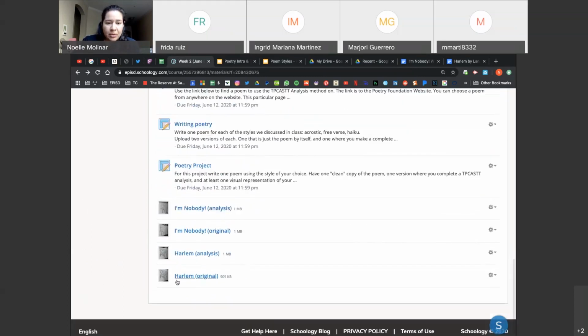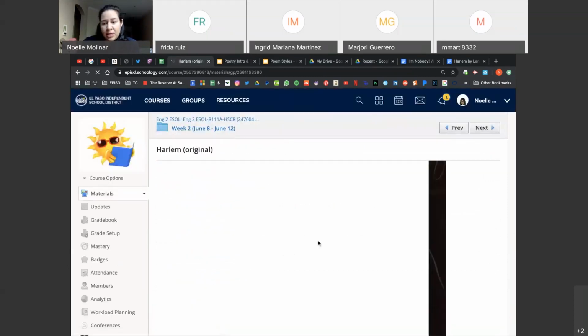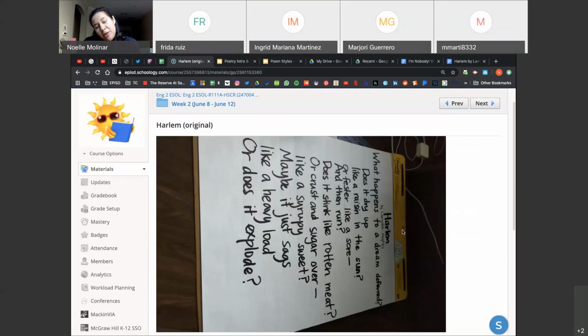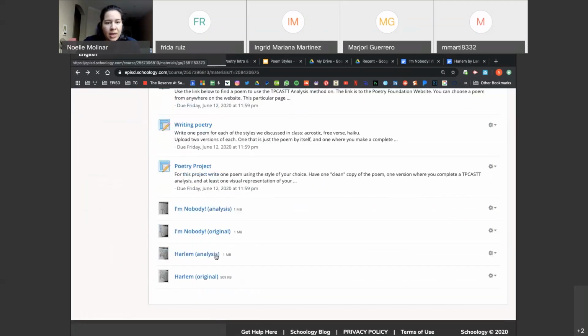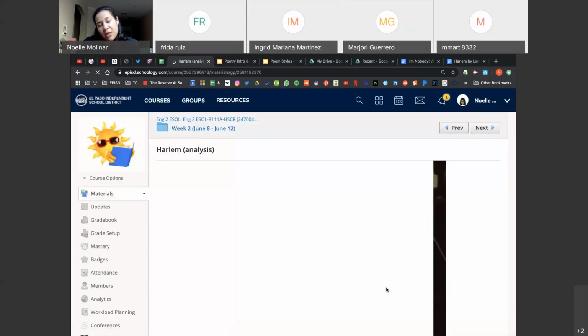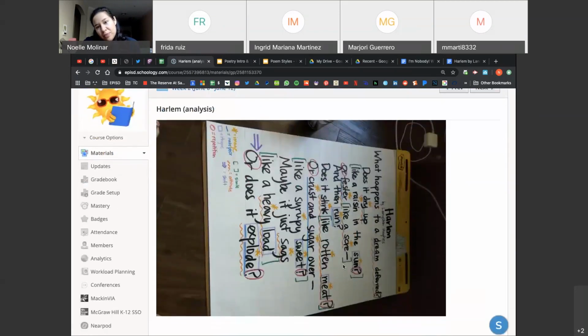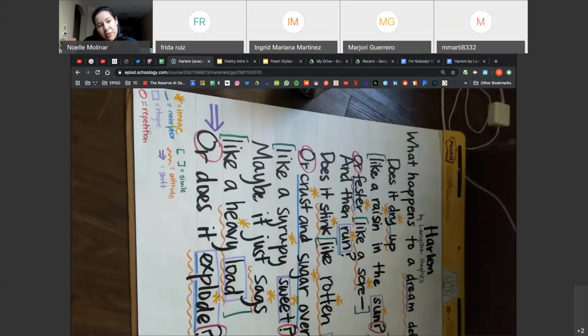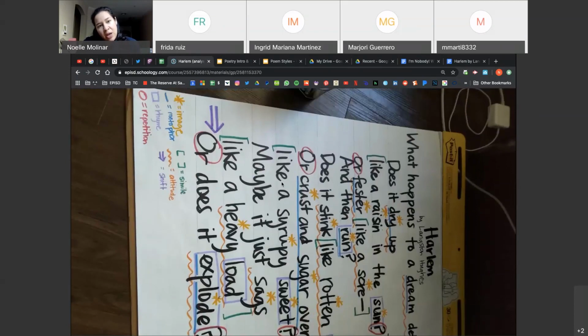But I did want to show you, you have to rotate it, but at least it's there, you can download them. But I did a poster. So here we have, this is the original Harlem poster. And then I have a version of it that has all kinds of marks on it. So here we have red for repetition, rhyme, metaphor, image, simile.